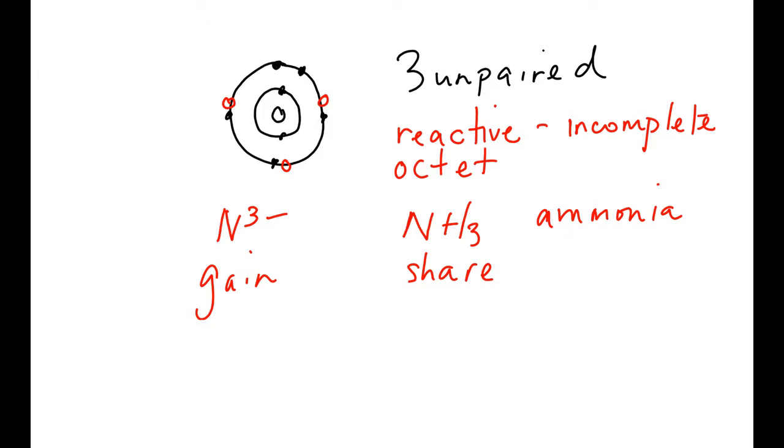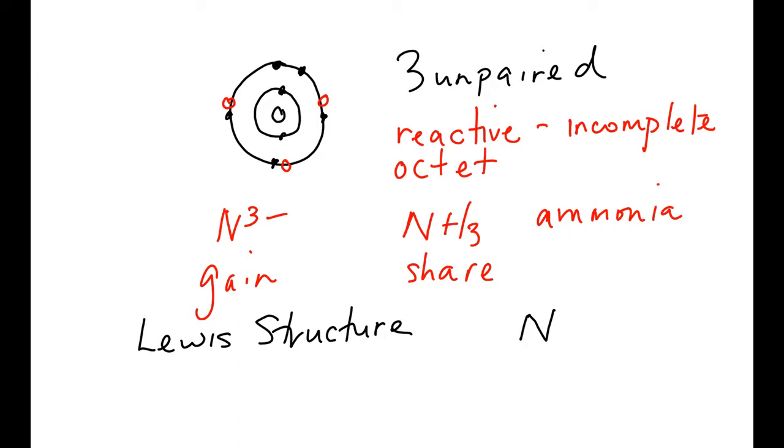Lewis dot structures, or Lewis structures, show the element and the valence electrons.